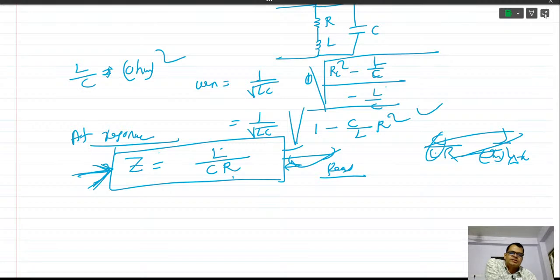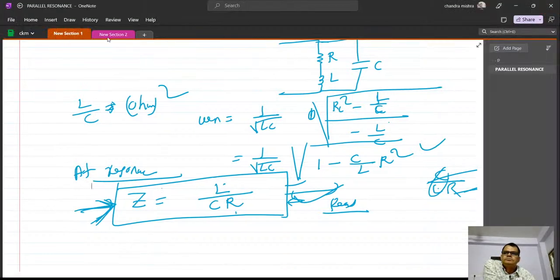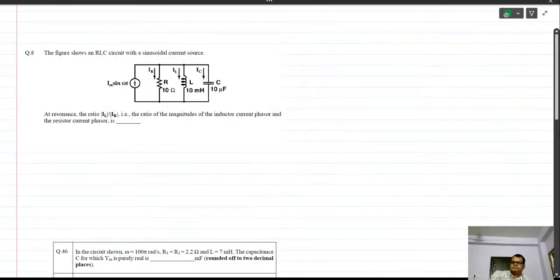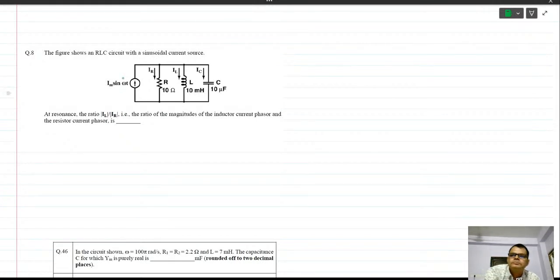There are a lot of questions from resonance, but we will discuss some of them so that you can have an idea of the type of question that comes in the actual GATE exam. The figure shown, can everyone see?